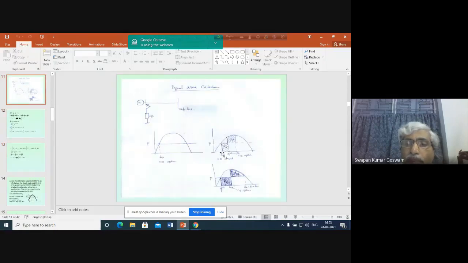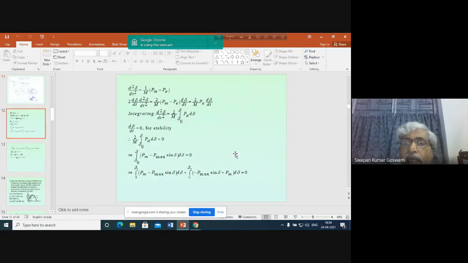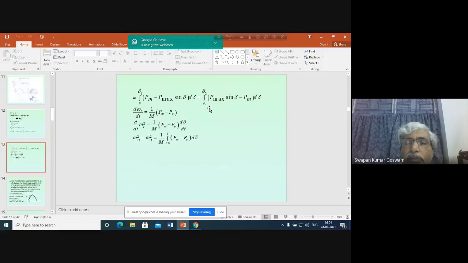This represents the accelerating area. From here to here, it is power output minus power input, integrated between delta 1 and delta 2. And we see that the condition will be such that these two areas are equal. So for maintaining synchronism, the accelerating area must be equal to the available decelerating area.